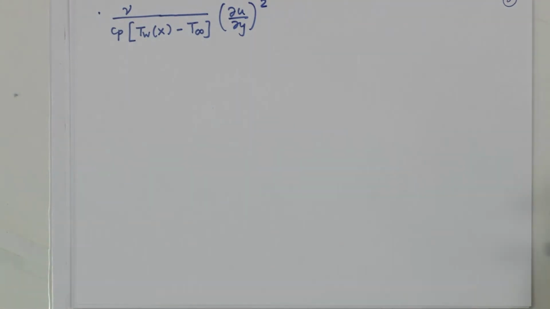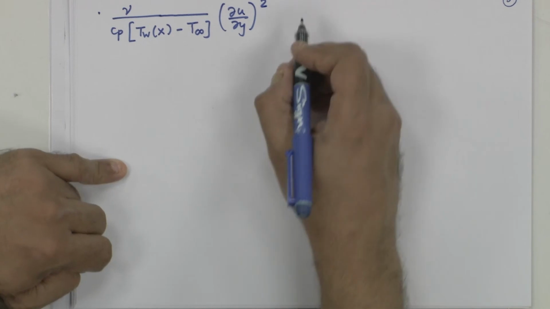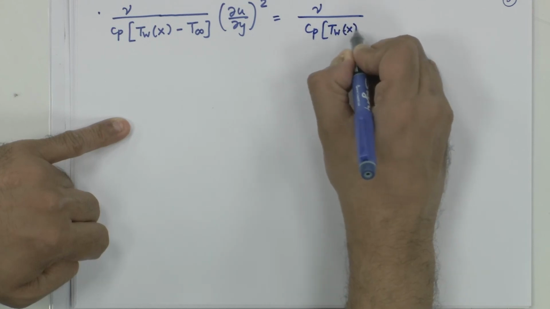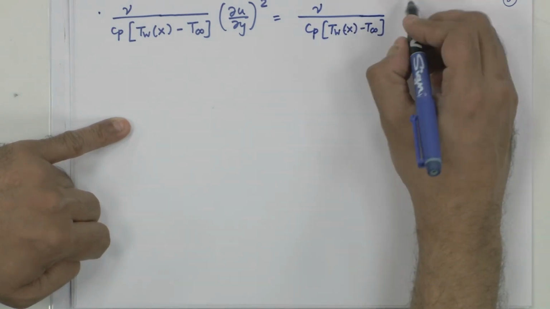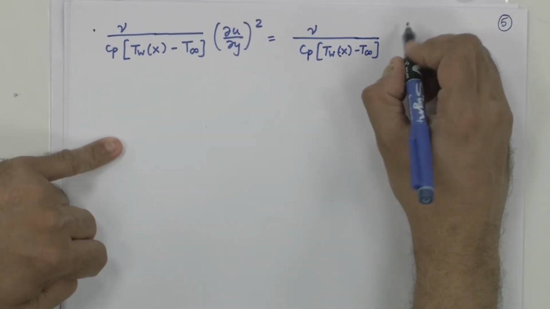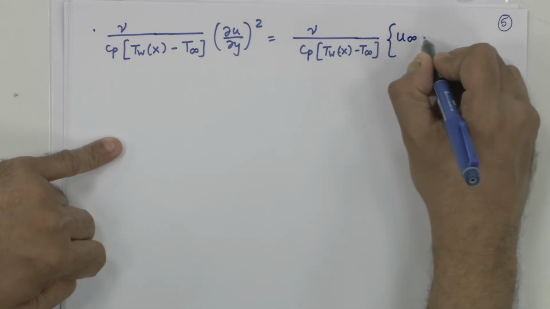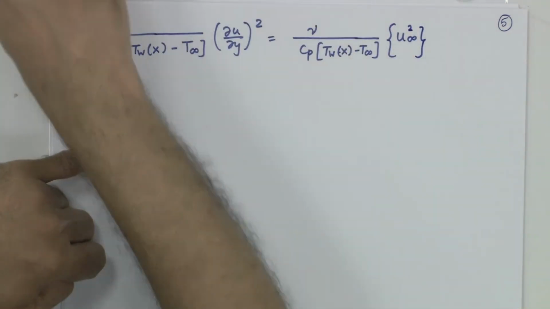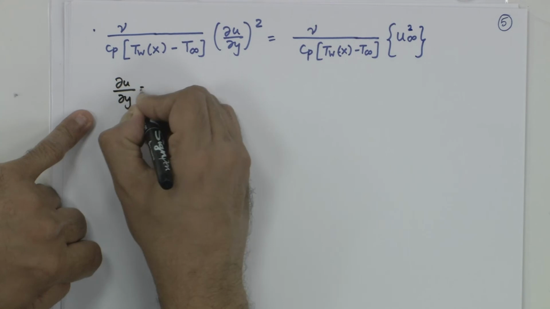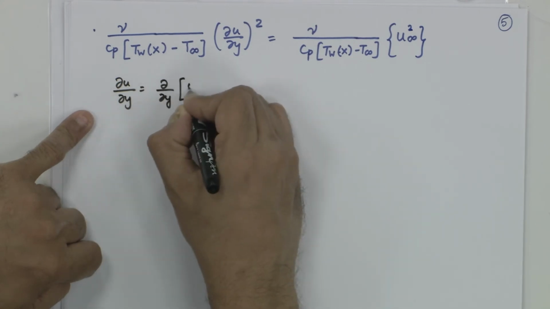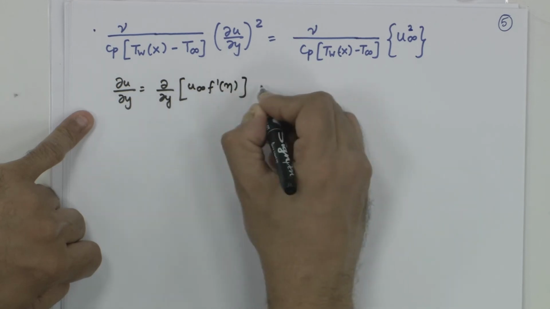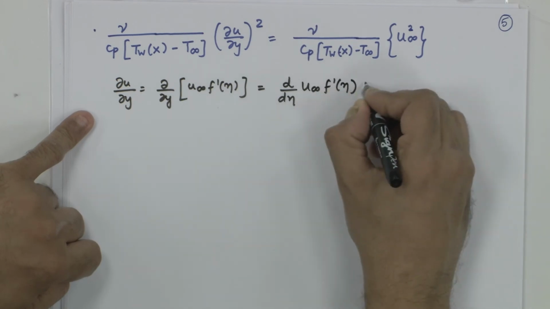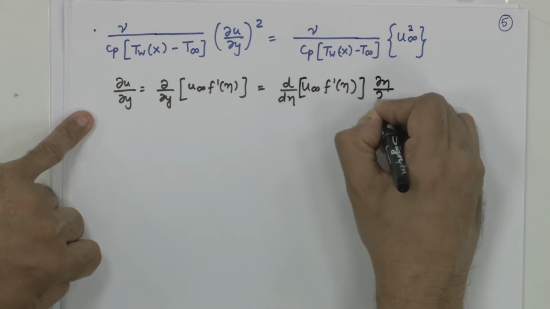If you look at this, it is nothing but ν over Cp (T_wall(x) − T∞) times (du/dy)². I'll write du/dy separately, that's easier. So du/dy is d/dy of u∞ f'(η). This is nothing but d/dη of u∞ f'(η) dη/dy.